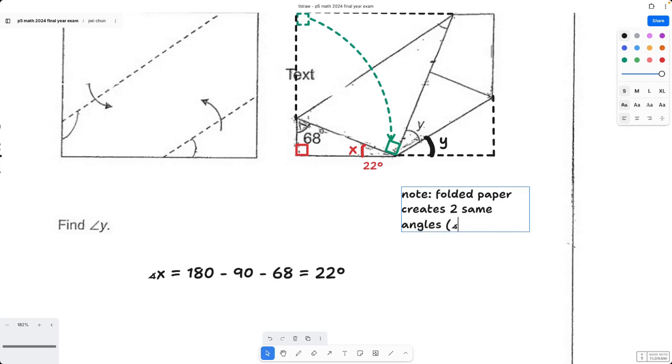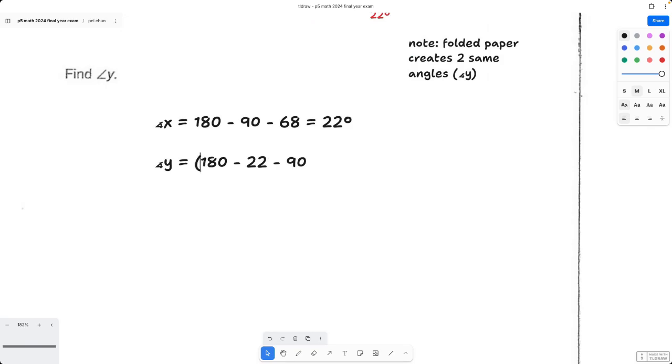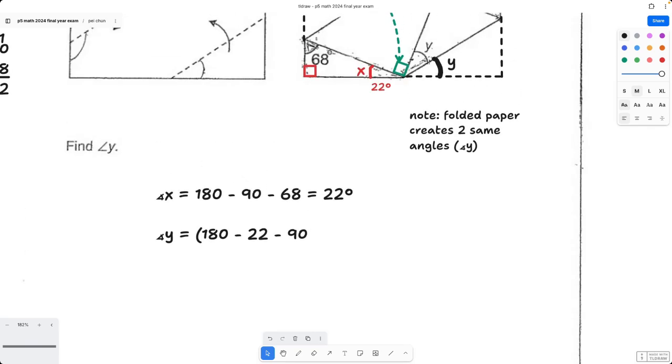So I see over here. Okay, so I think we can solve this, right? So basically, angle y is equal to 180 minus 22, minus 90, and then we divide by 2, in this case.